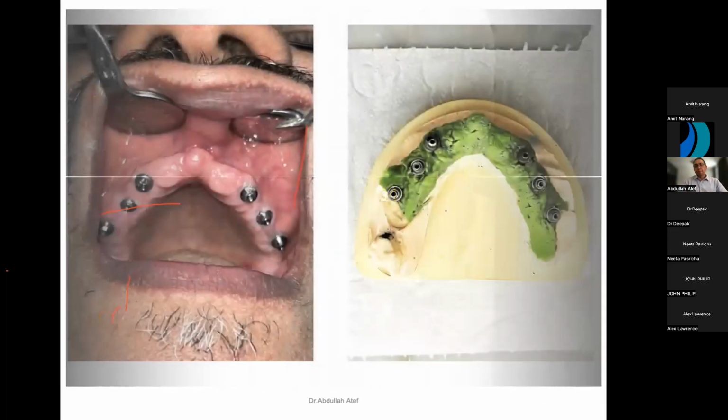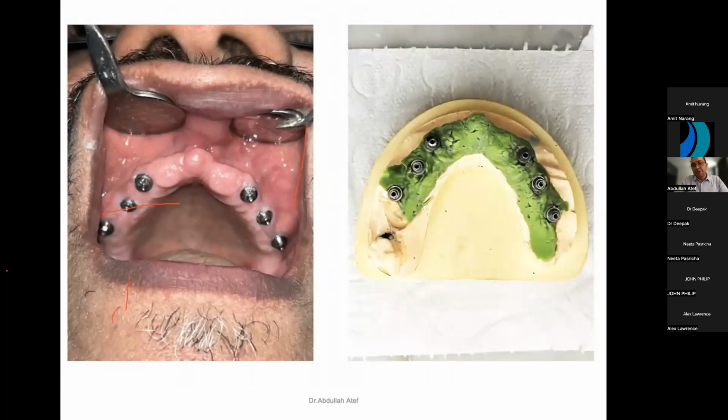So we start to make other options, because it was not suitable in this case to make a normal implant-retained prosthesis, because the ridge was atrophied. We don't have labial or cheek support. You know, we need labial and cheek support also.